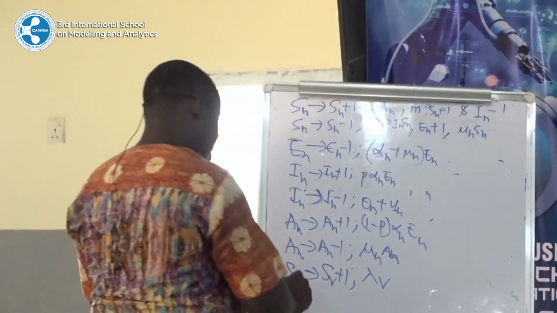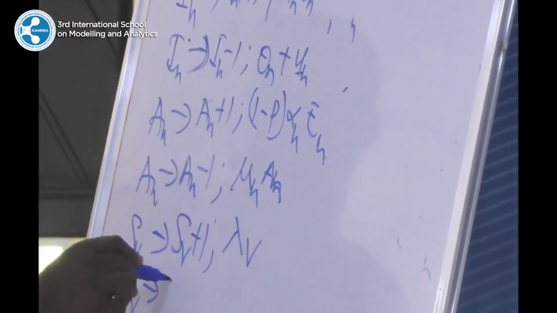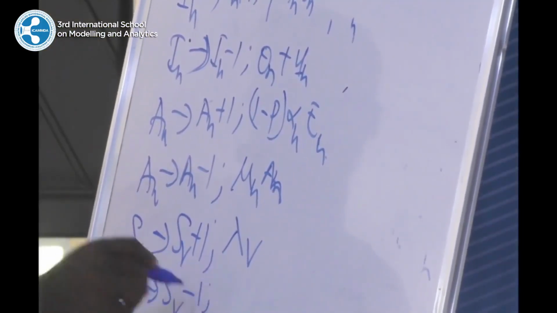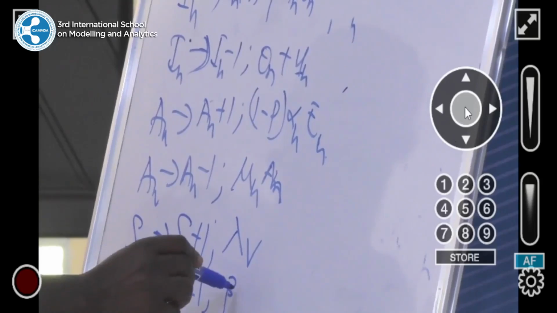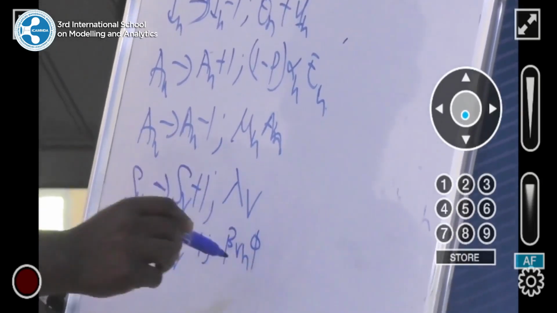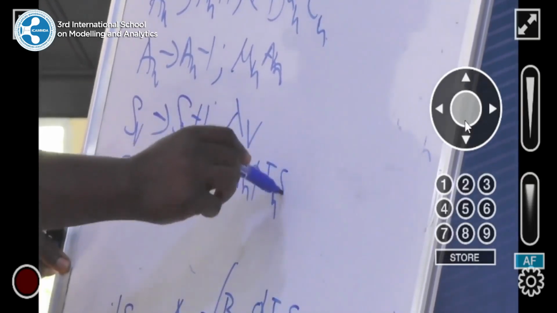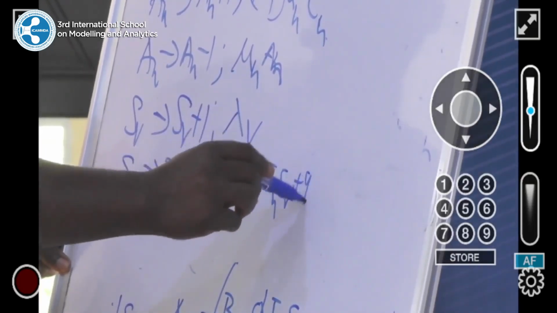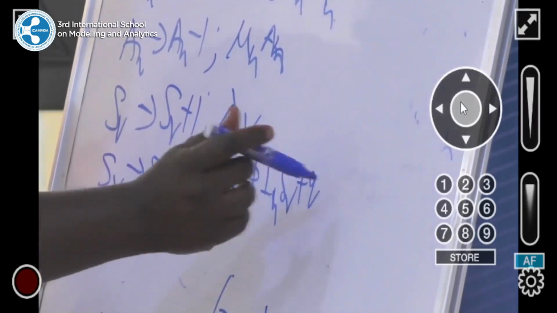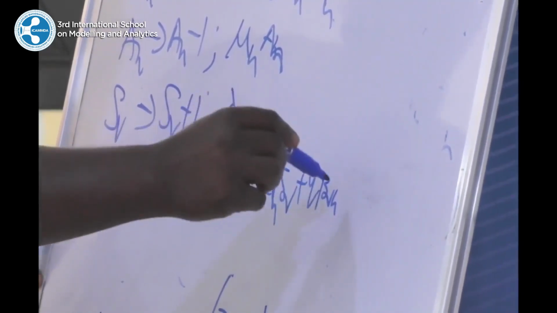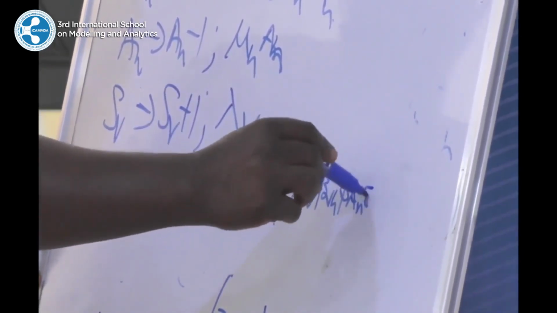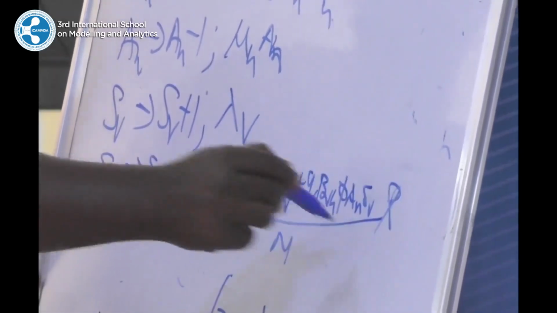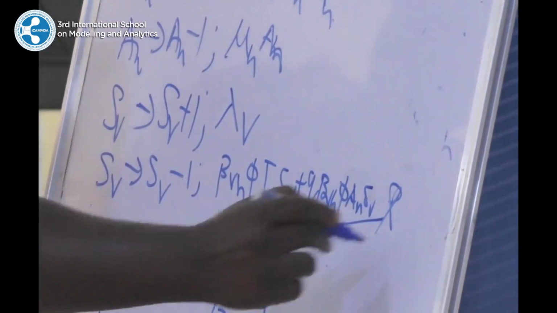Then SV minus 1 is going to be these two: BH IH SV plus Q by SV all over N, and mu V, right?